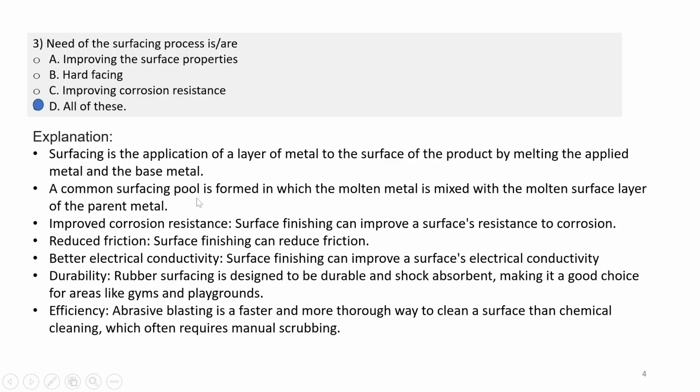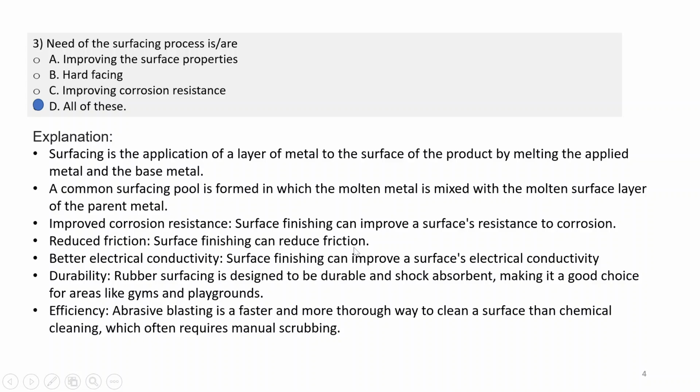A common surfacing pool is formed in which the molten metal is mixed with the molten surface layer of the parent metal. Improved corrosion resistance: surface finishing can improve a surface's resistance to corrosion and reduce friction.